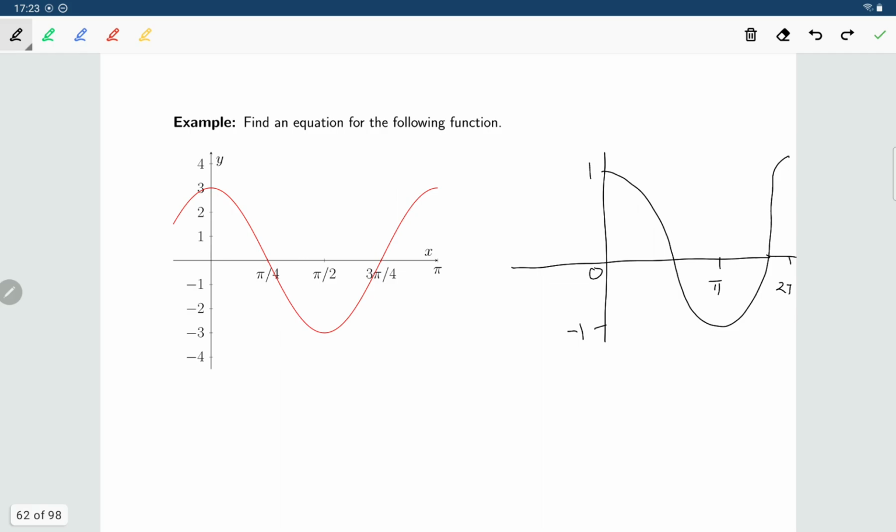So the one thing to note here, of course, is instead of going between +1 and -1, we're instead going between +3 and -3. So it looks like for this function that the amplitude is 3. Also, the period for this function is pi.